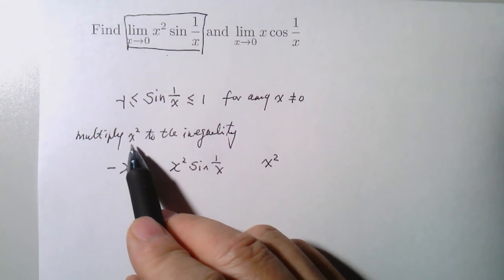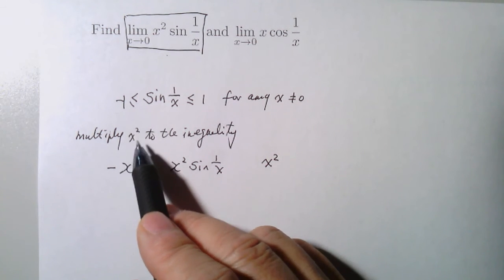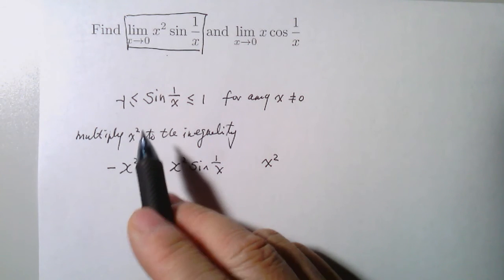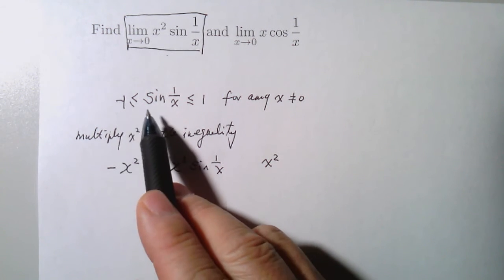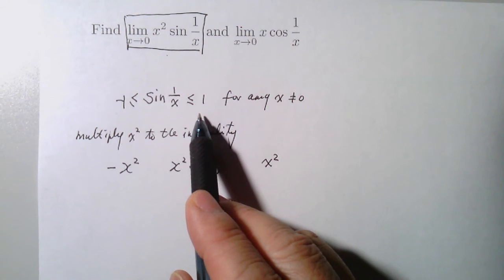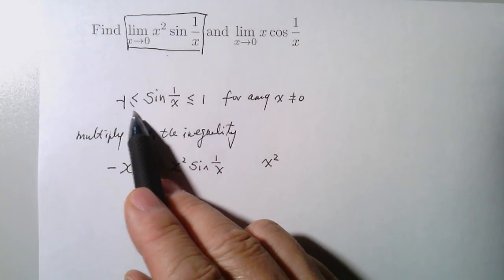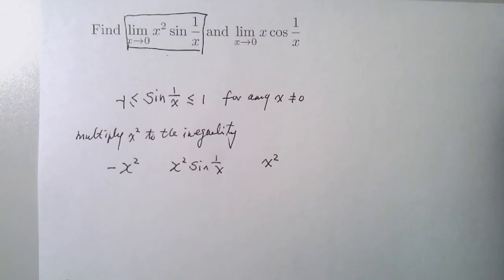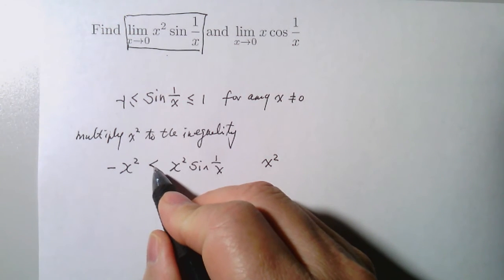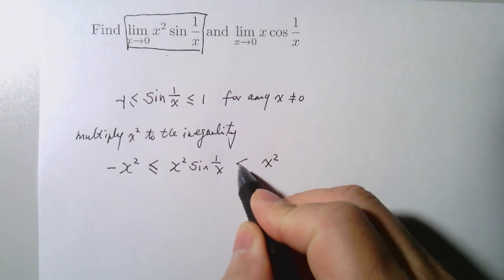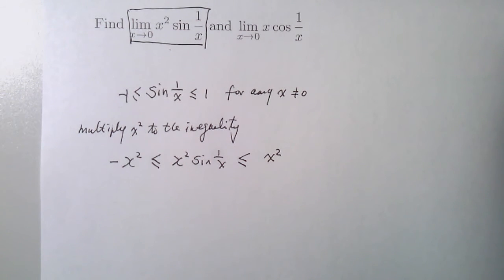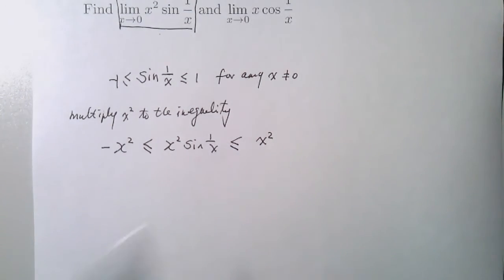So we multiply by x squared, which is always positive. When you multiply a positive number to the inequality, you do not change the inequality's direction. So you're still going to keep the same direction as what you had before. Okay, so you satisfy that condition.